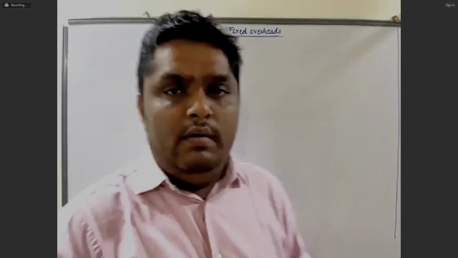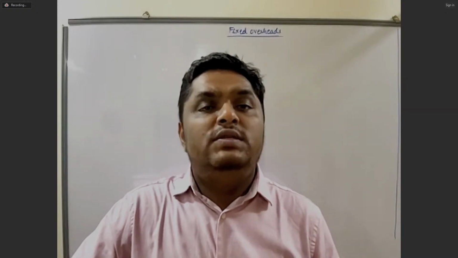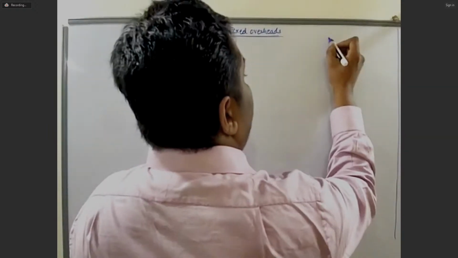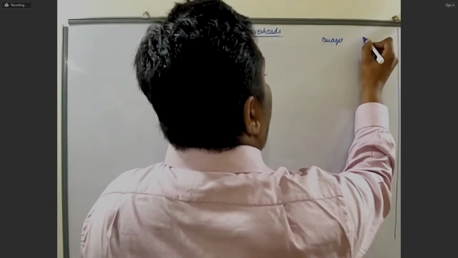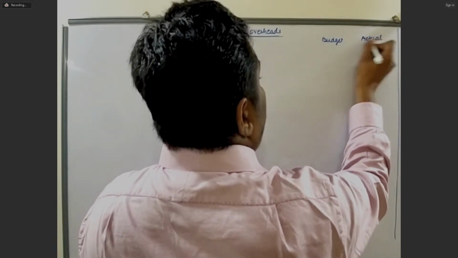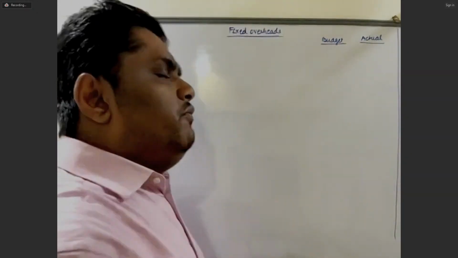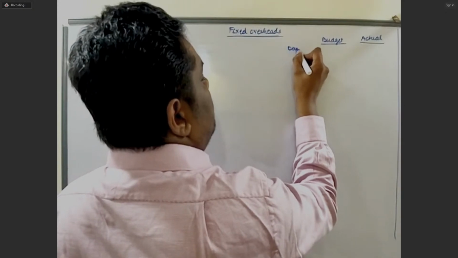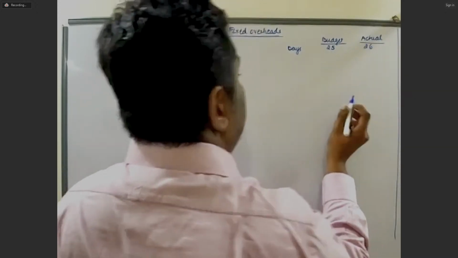Now, guys, whenever you see a question on fixed or variable overhead variance, try to arrange the question in this format, that is budget and actual. Let's say the information is given as regards days. The budgeted days are 25 and the actual days are 26.